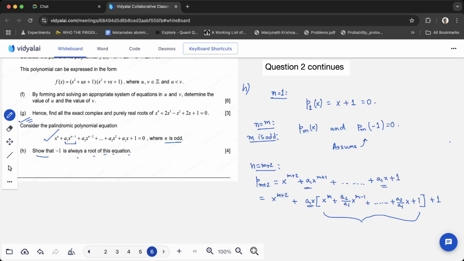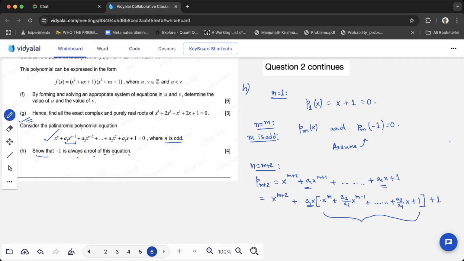This is because all the middle terms form a palindromic sequence. Starting from a1 to a1 is also a palindromic sequence. So it must be that the sequence starting from 1 to 1 is a palindromic sequence if we take a1 common. And we take another factor of x common along with a1, so that this becomes a polynomial of degree m, and minus 1 is a solution for such a polynomial.